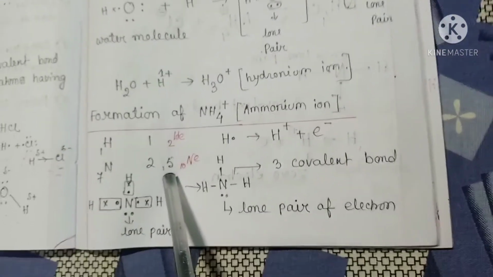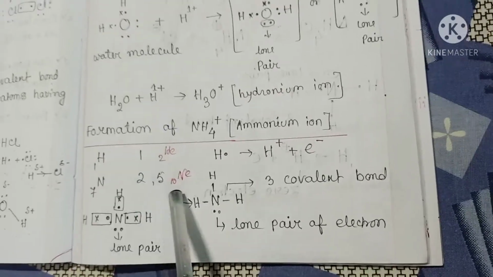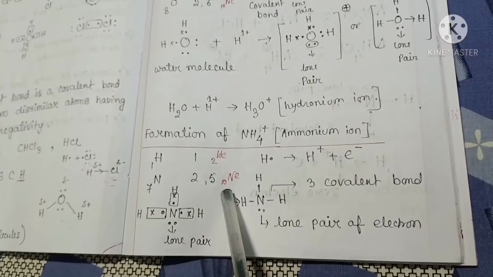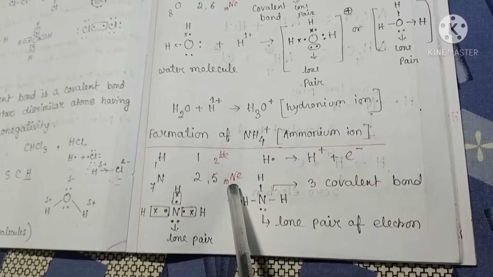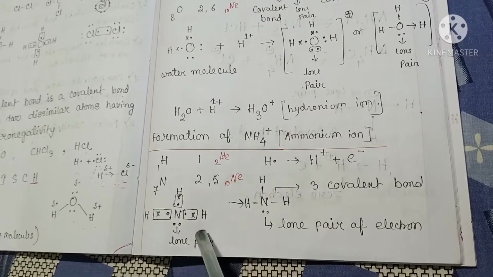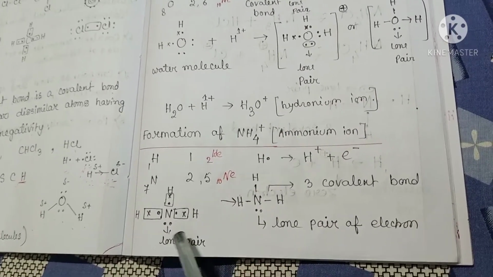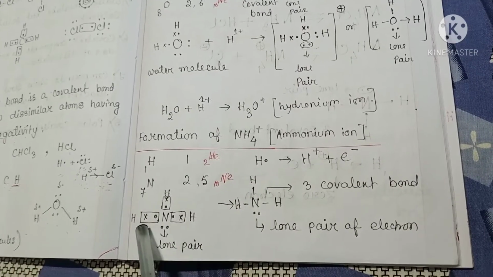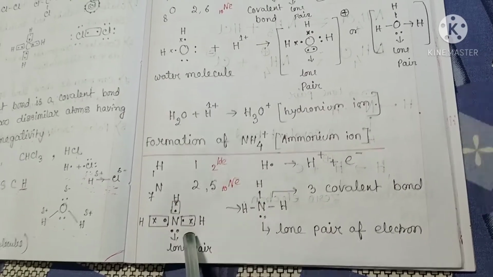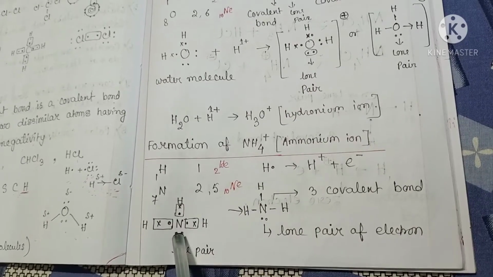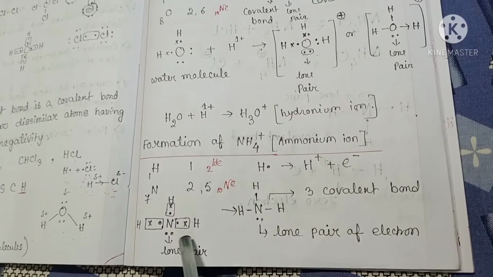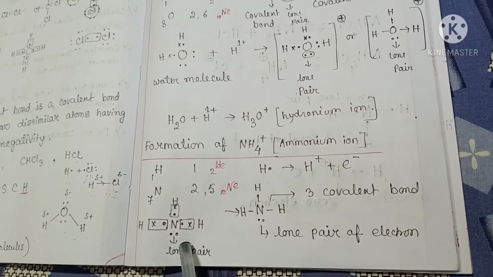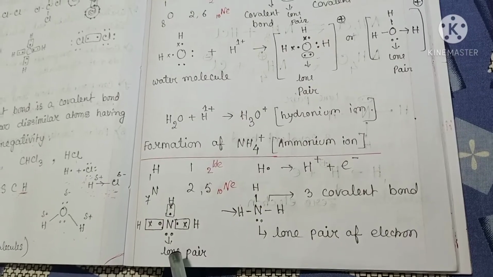Therefore, it needs 3 electrons to complete its octet and acquire the configuration of the nearest noble gas, neon. So, when a molecule of ammonia is formed, each of the 3 hydrogen atoms shares an electron pair with the nitrogen atom such that hydrogen acquires a duplet and nitrogen acquires an octet.